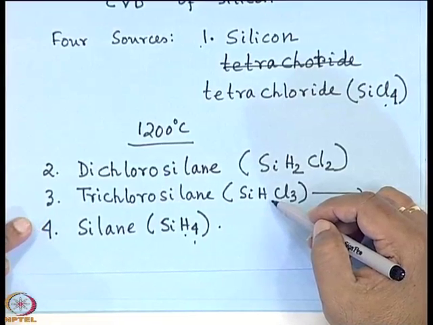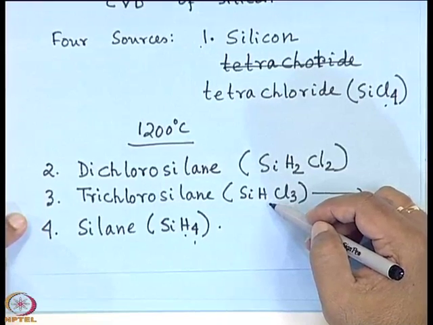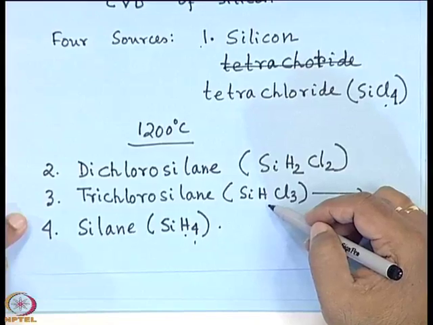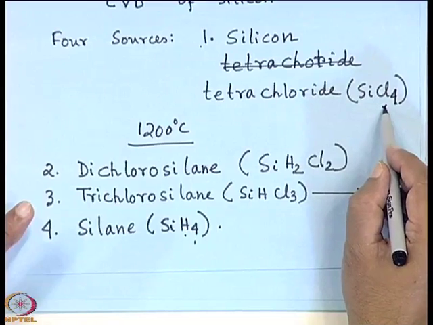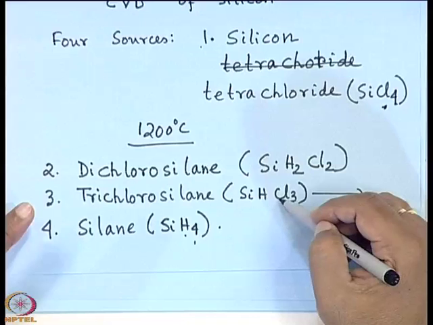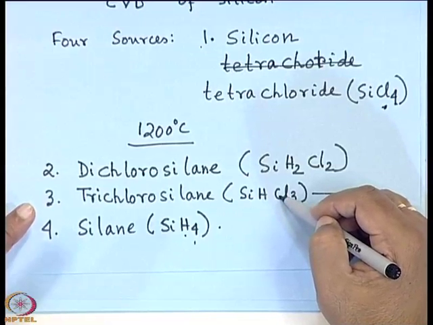If this is the case, then 50 degrees of temperature can be reduced to decompose that material. For one substitution of chlorine by hydrogen, 50 degree centigrade temperature can be reduced. That means, here the temperature is 1200 degree centigrade, and here the temperature will be 1150 degree centigrade.